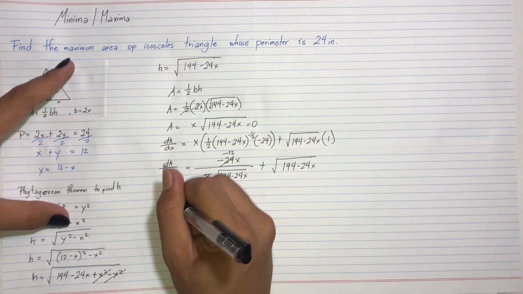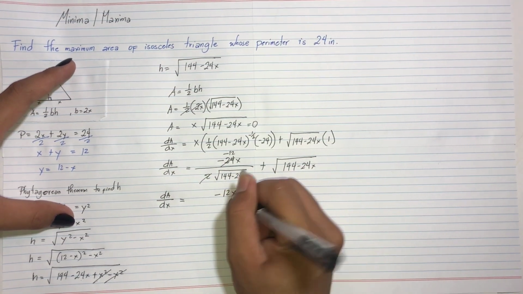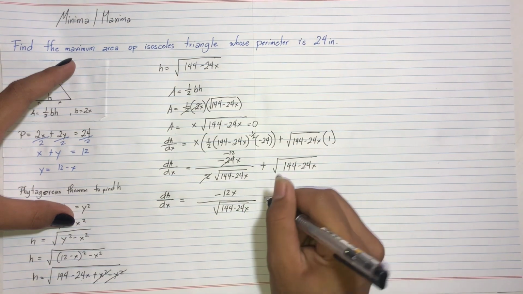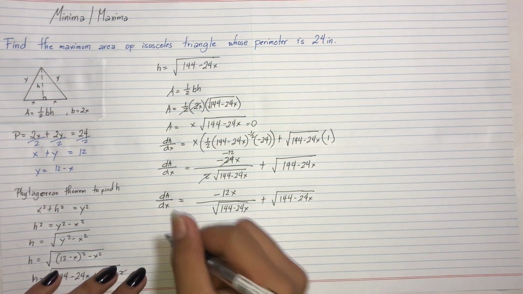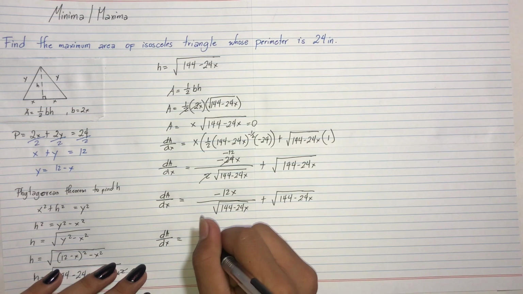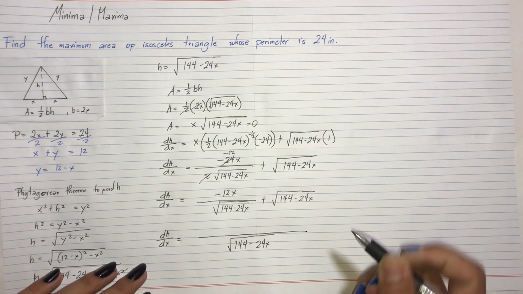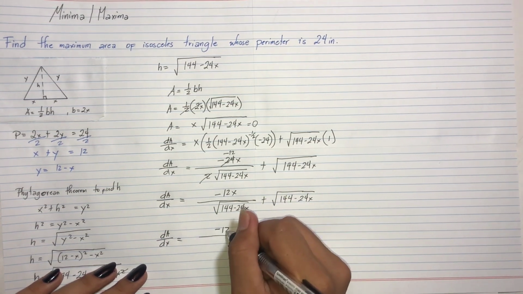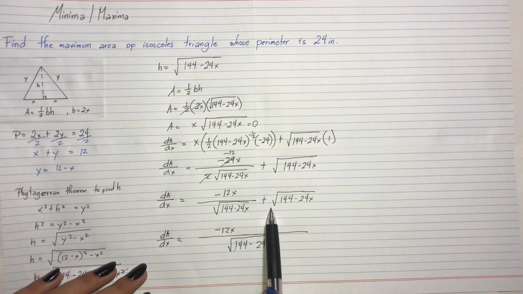Now we can simplify. The derivative of area with respect to x is equal to negative 12x over the square root of 144 minus 24x plus the square root of 144 minus 24x.